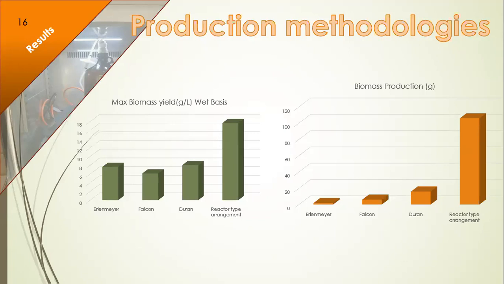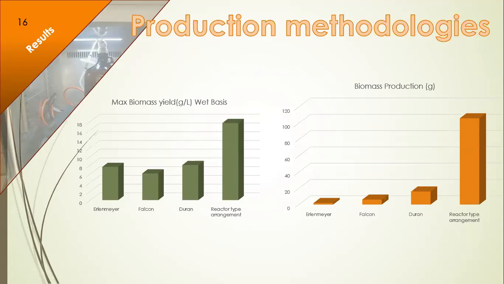What we can see here is that on the first graph on the left side, the max biomass yield was in the reactor type arrangement. And on the right side, even though the Erlenmeyer flask had a better yield of biomass production, because of the volume we were making at each fermentation, it was a very low amount of grams of production.